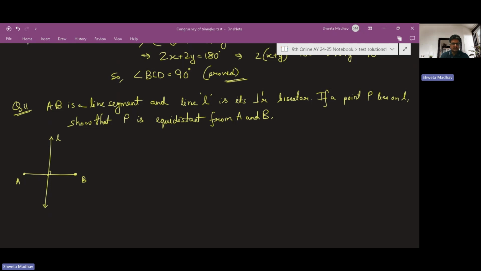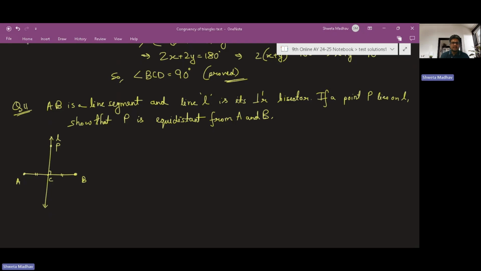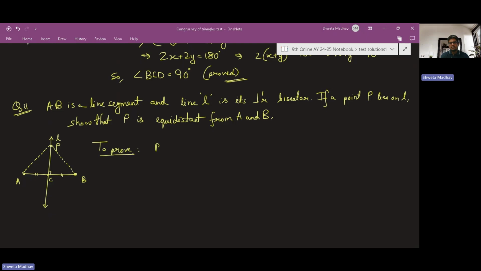So if this point is C, I can say AC is equal to CB, and P is any point on this perpendicular bisector L, and we have to show that PA equals PB. Simply, we have to prove that PA is equal to PB, which means that P is equidistant from A and B.